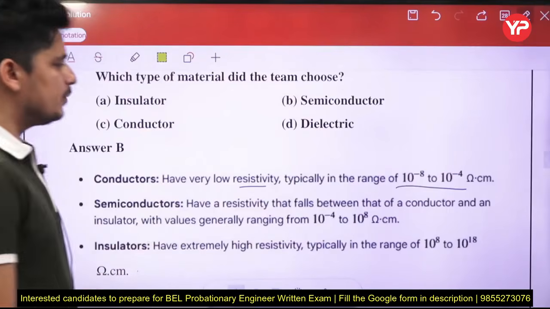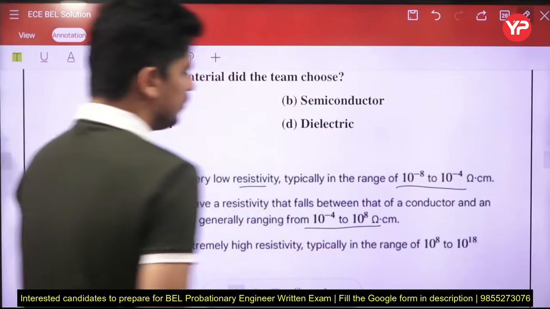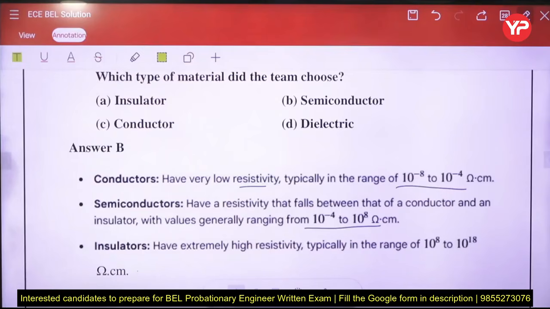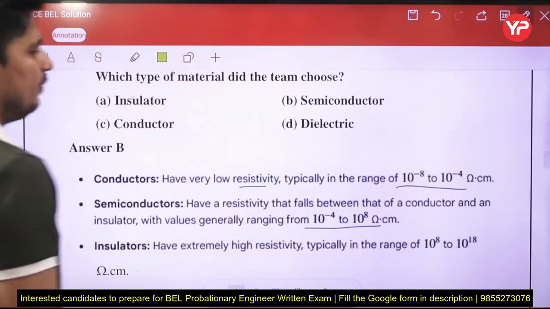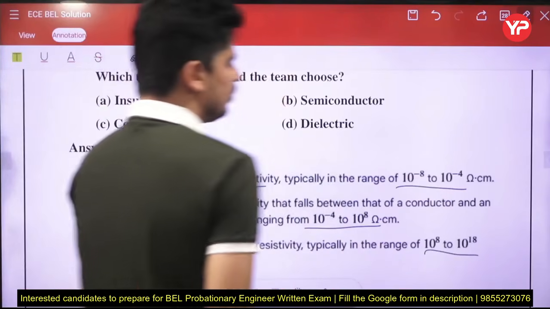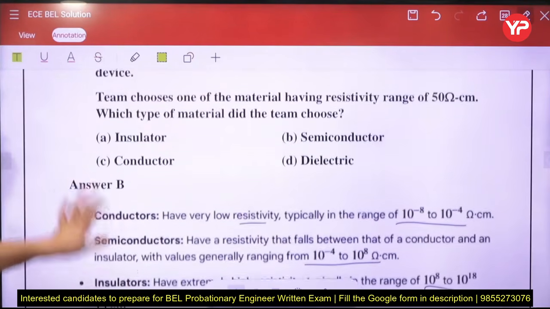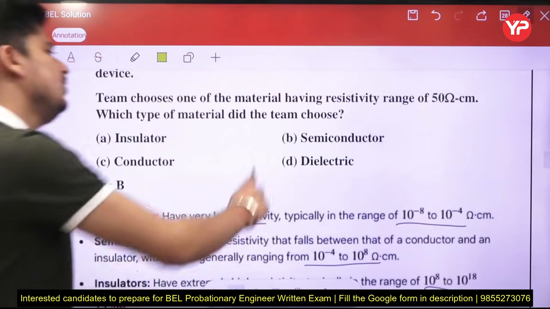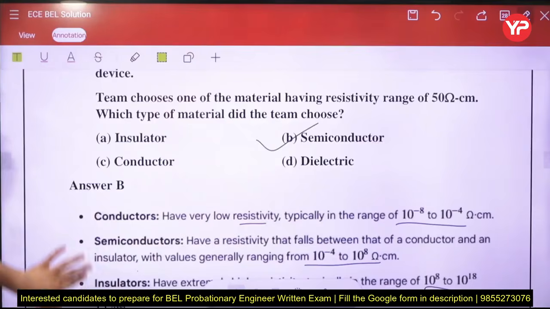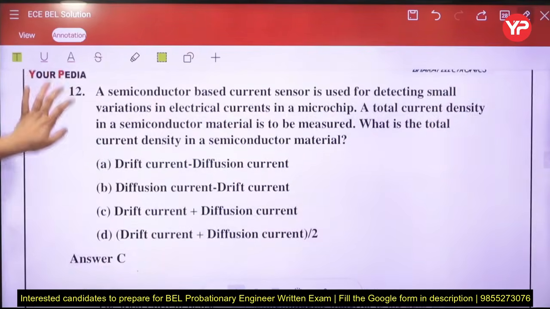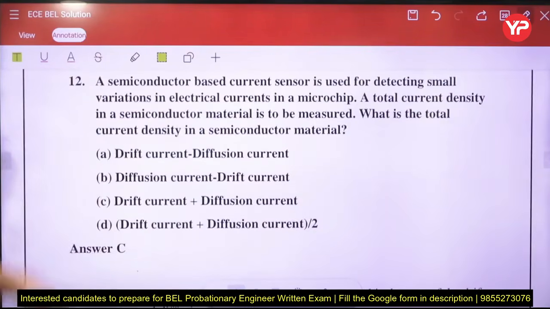Semiconductors are 10 raised to power minus 4 to 10 raised to power 8, and insulators are 10 raised to power 8 to 10 raised to power 18. So for 50 ohm centimeter, that should be a semiconductor, right?